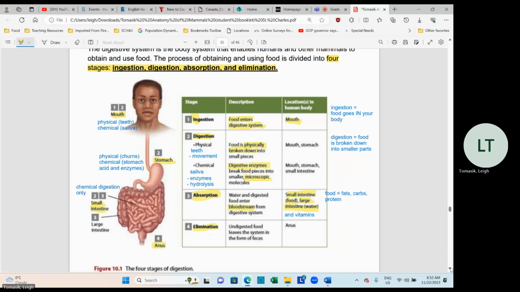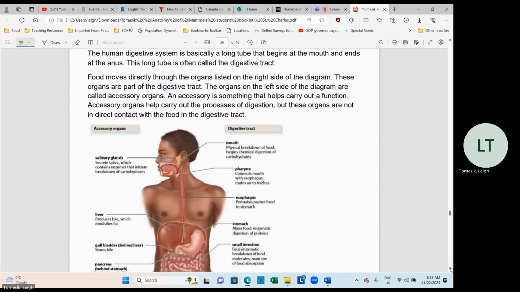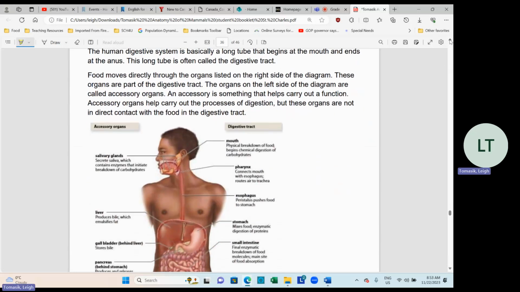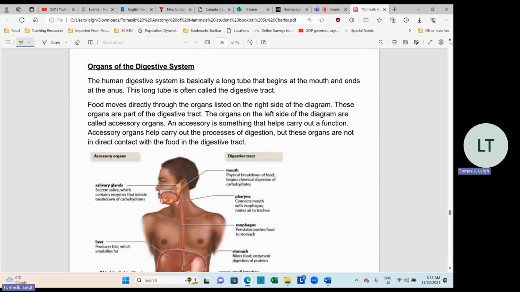Okay. Now, let's take a look at the roles of some of the organs in your digestive system. The human digestive system is basically a long tube that begins at the mouth and ends at the anus. The long tube is called your digestive tract. Most of the organs in your digestive system are part of your digestive tract.